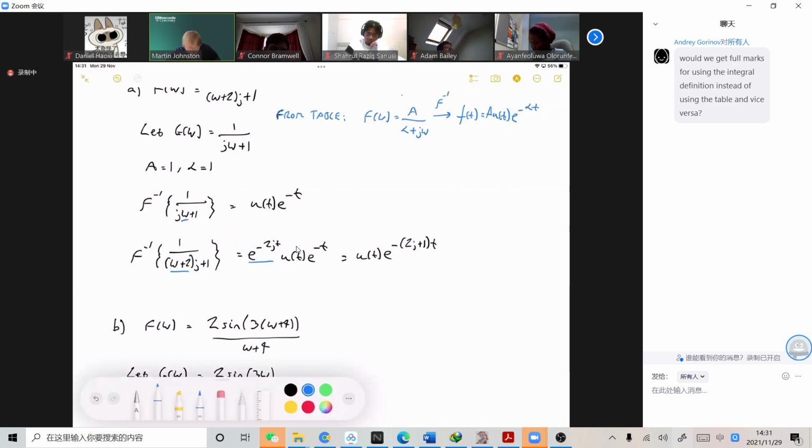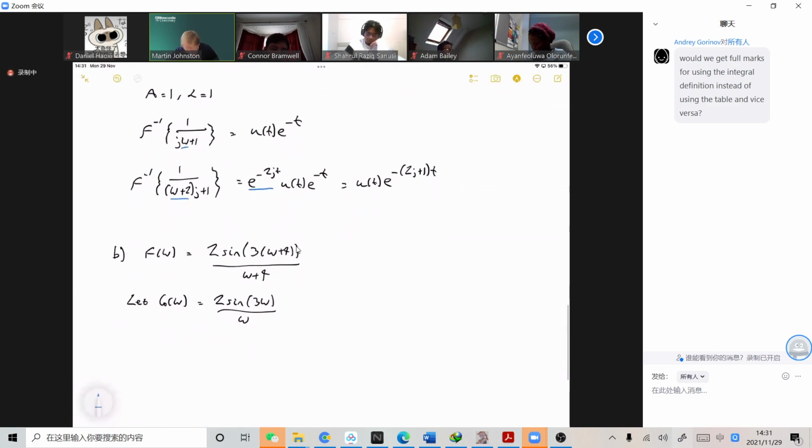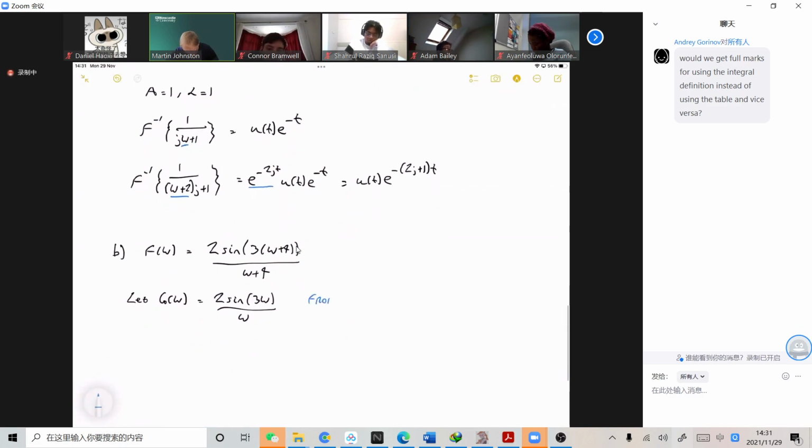And then from the table, the inverse Fourier transform of 2 sine omega alpha over omega is, of course, the rectangular pulse.